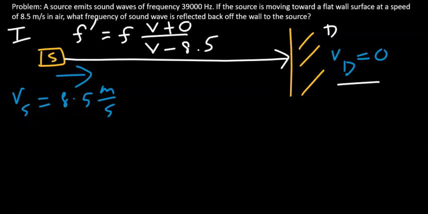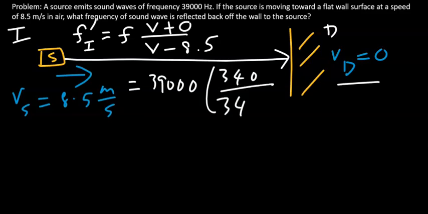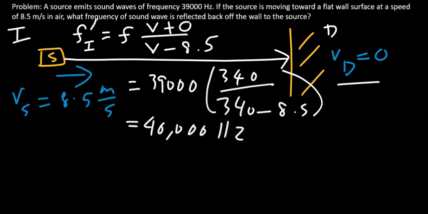Let's call this F prime for stage 1. F is 39,000, the speed of sound can be taken to be 340, over 340 minus 8.5. And the answer is 40,000 Hertz. So the frequency detected by the wall is 40,000 Hertz.